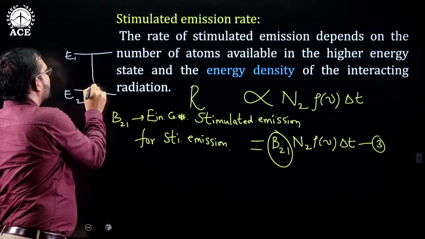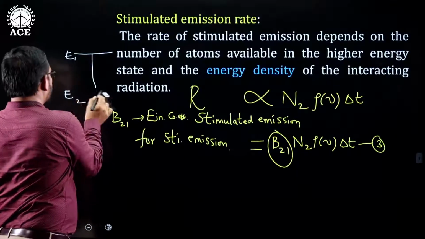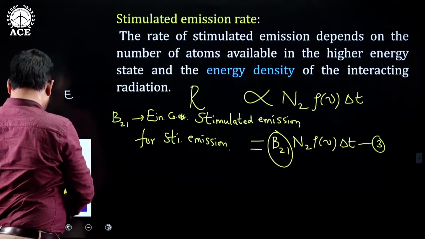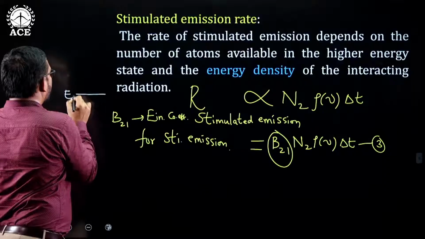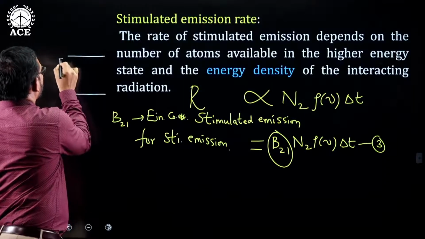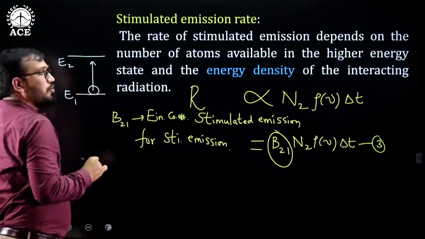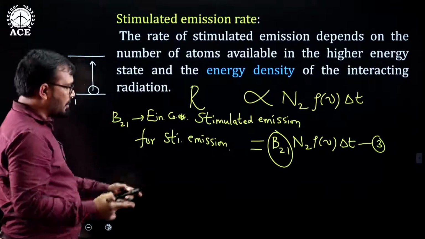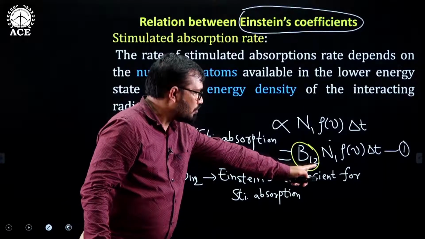This is E1 and it is E2. The transition is taking place from E1 to E2, means upward transition, means stimulated absorption. So in stimulated absorption, transition is taking place from 1 to 2.